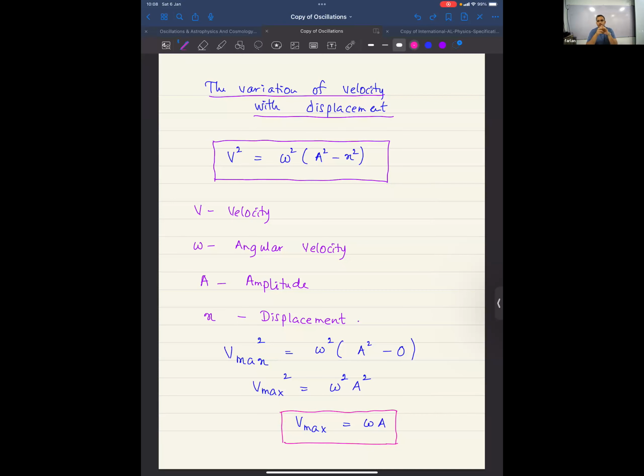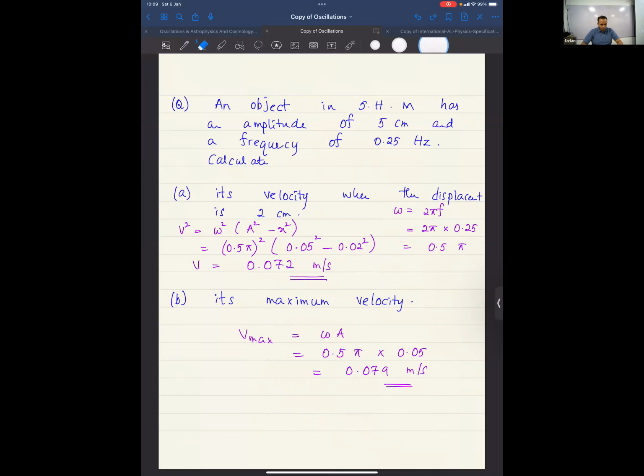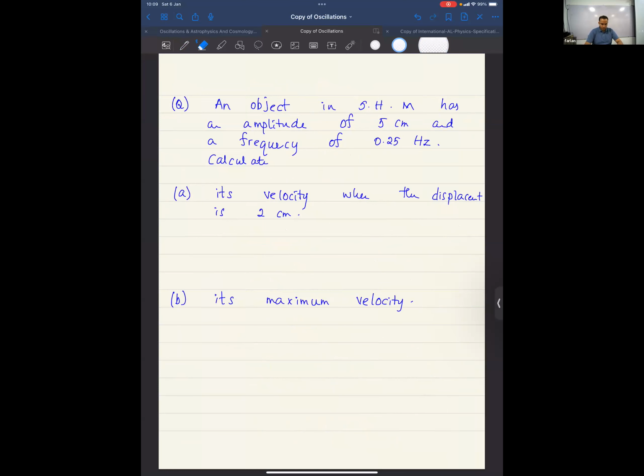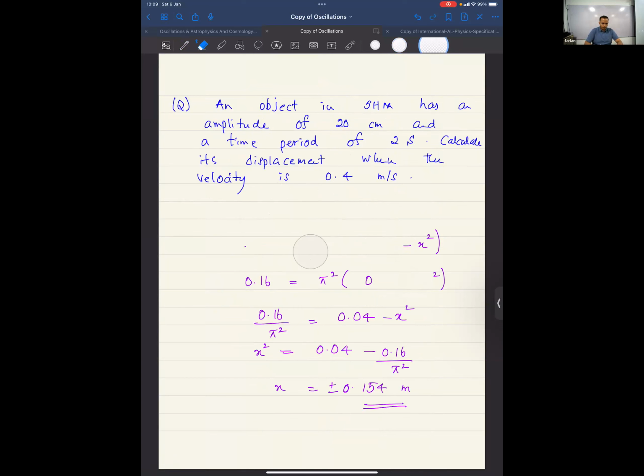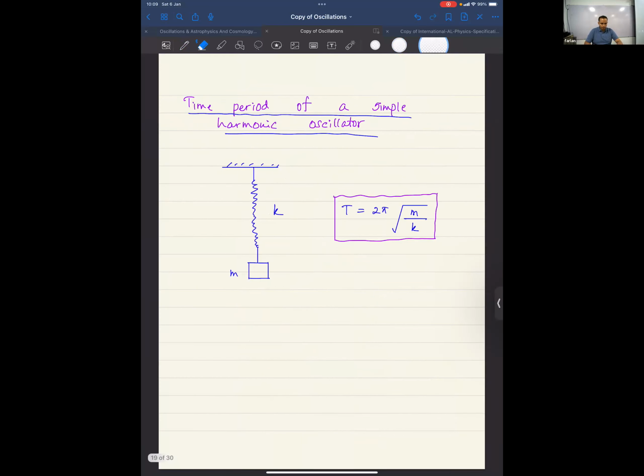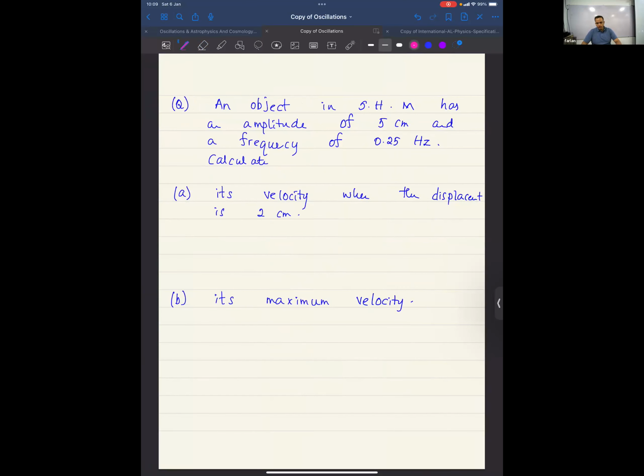Any questions? Read in a question. An object in simple harmonic motion has an amplitude of 5 centimeters and a frequency of 0.25 hertz.